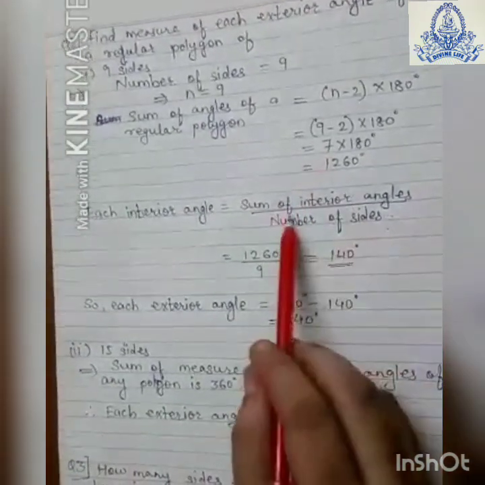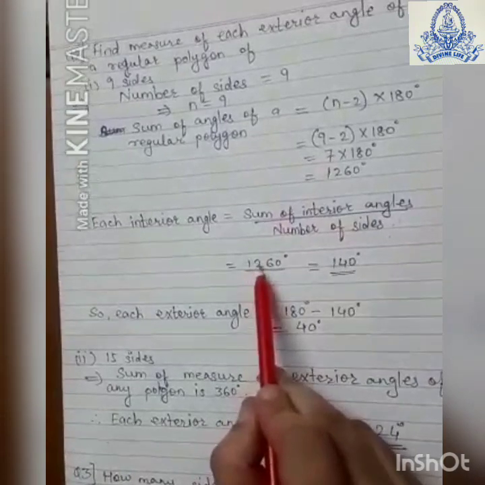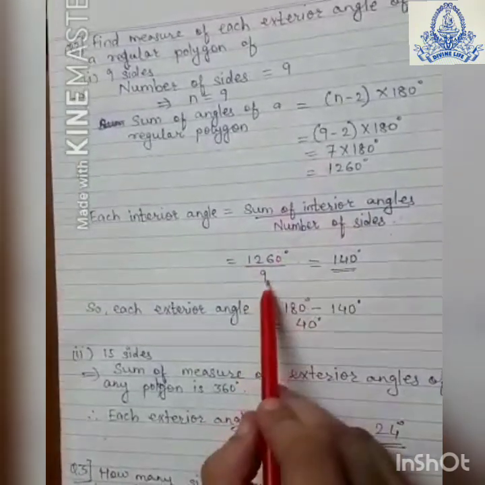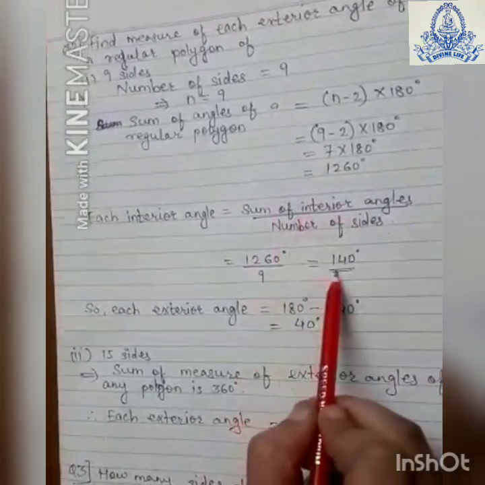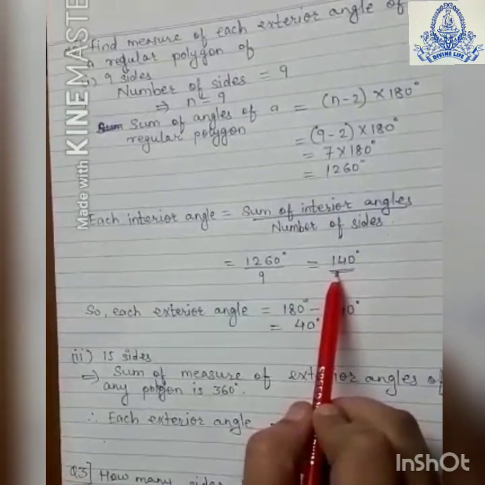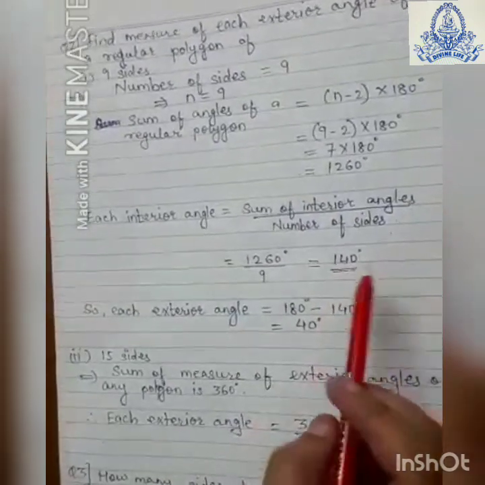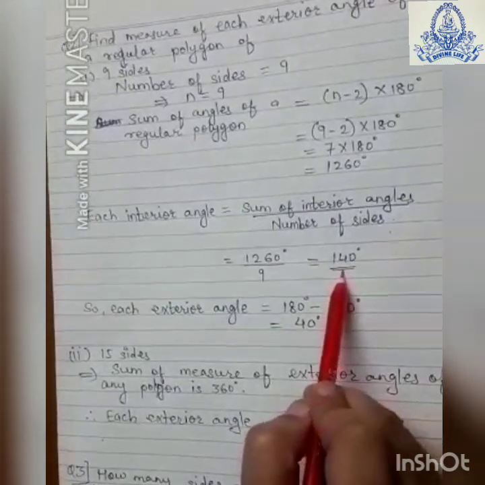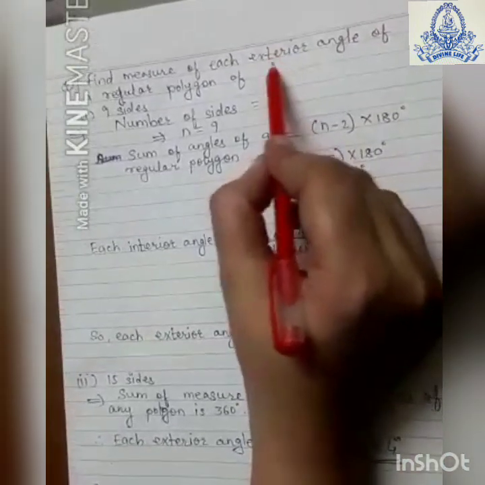So the sum of interior angles is 1260 degrees upon 9 sides, which gives you 140 degrees. So each interior angle is 140 degrees, but we want to find the exterior angle.